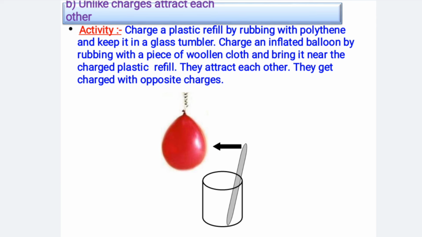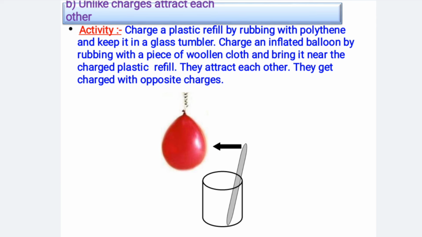They get charged with opposite charges. Means we have rubbed the balloon with a woolen cloth and the refill with polythene. Means both the things are being rubbed or charged with different materials: balloon with woolen cloth and refill with polythene.